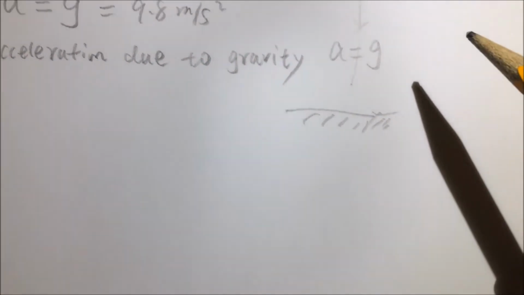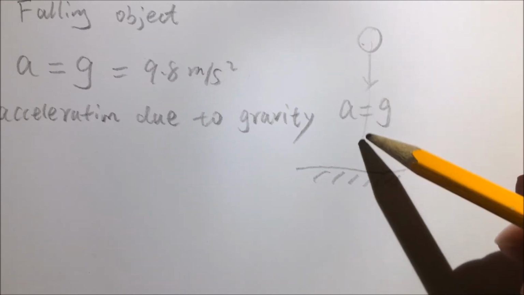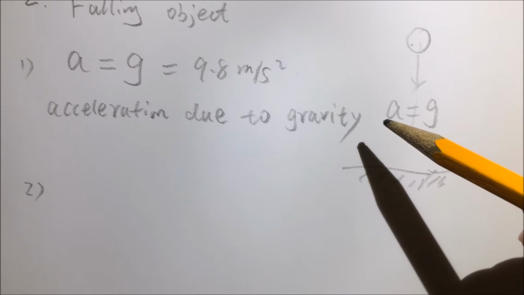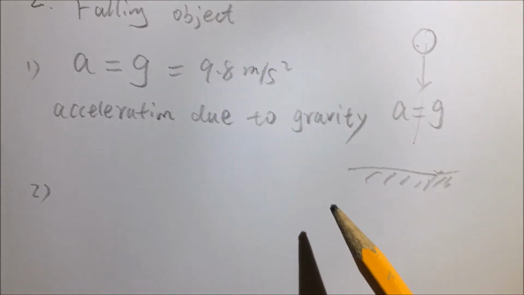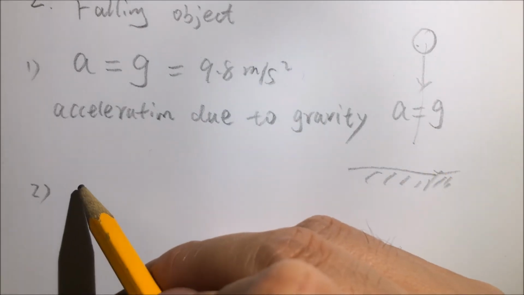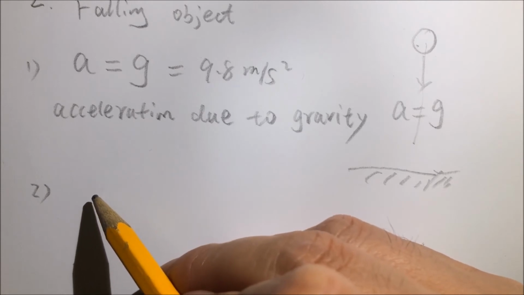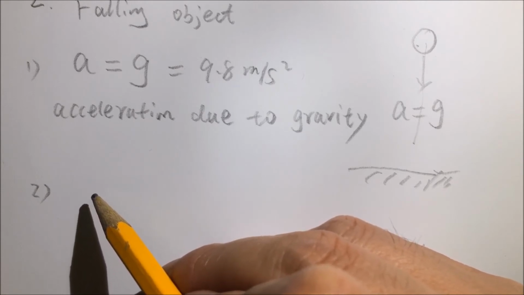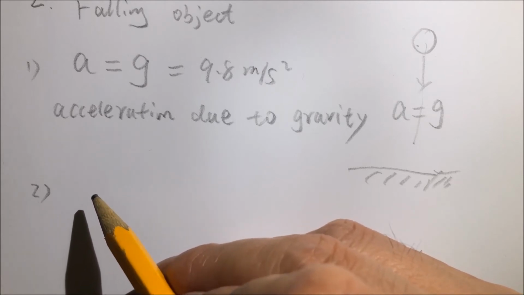In that case, it will be the object moving along the y direction or vertical direction. So all the equations we learned actually could apply to that case. Okay? So those equations will become the same thing as what we have learned, in different forms in different cases.